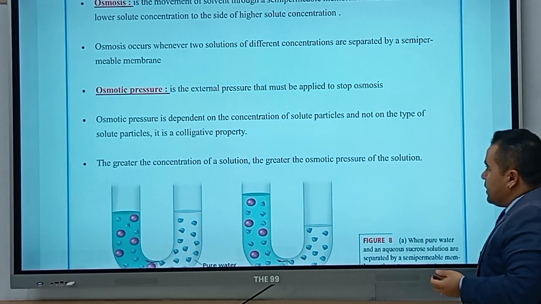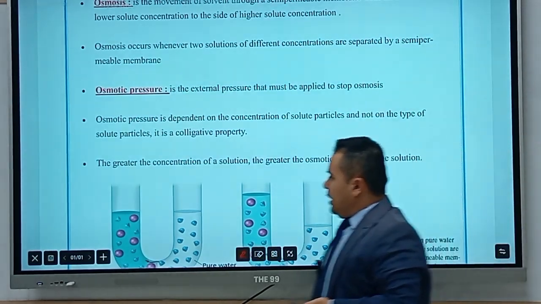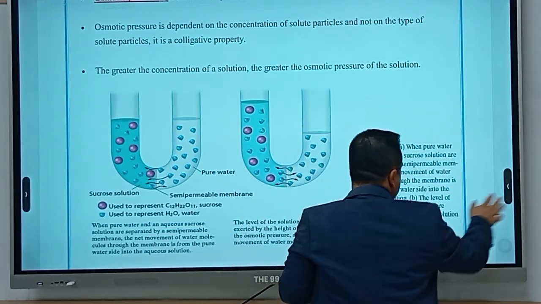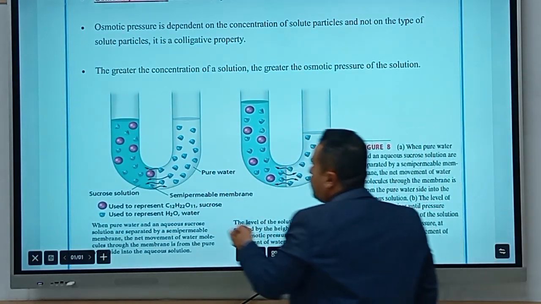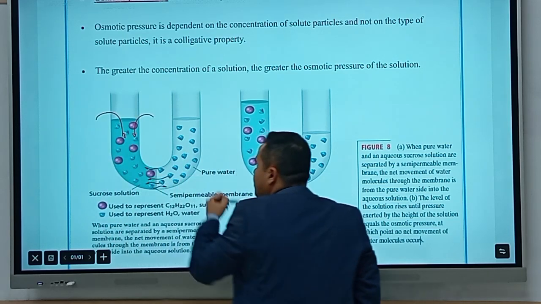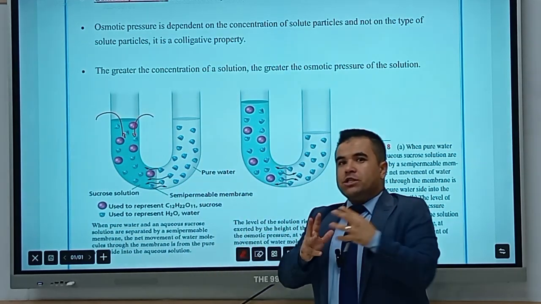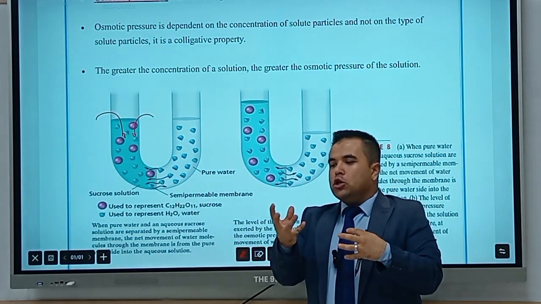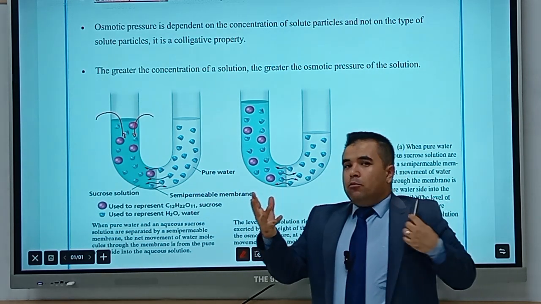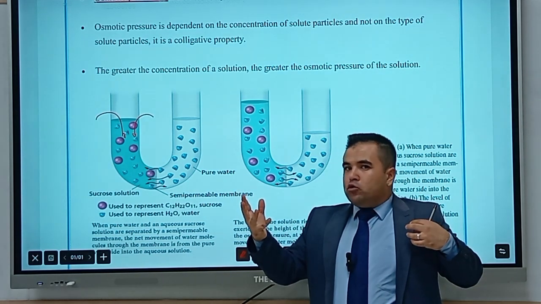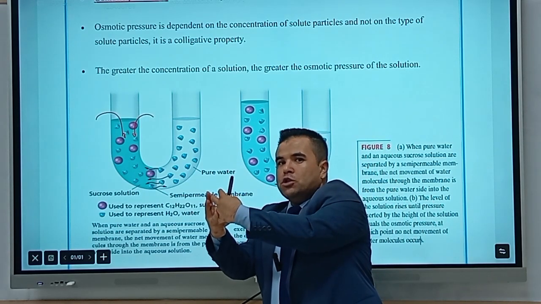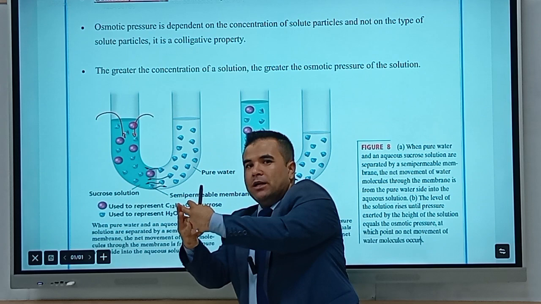Guys, as we add more solute to the solution, there will be a concentrated solution, and as the solution becomes more concentrated, more water moves from the low concentration side to the high concentration side.